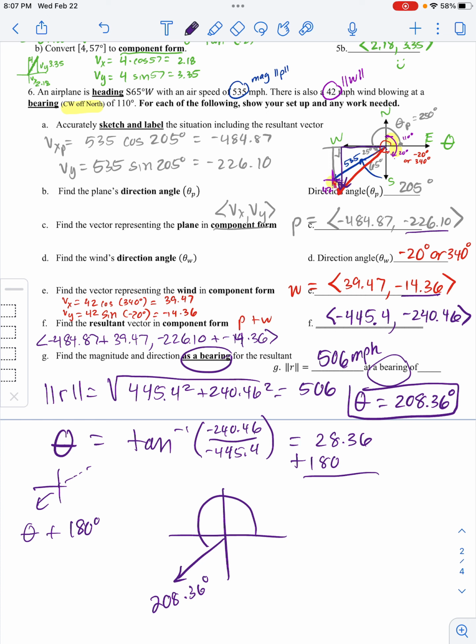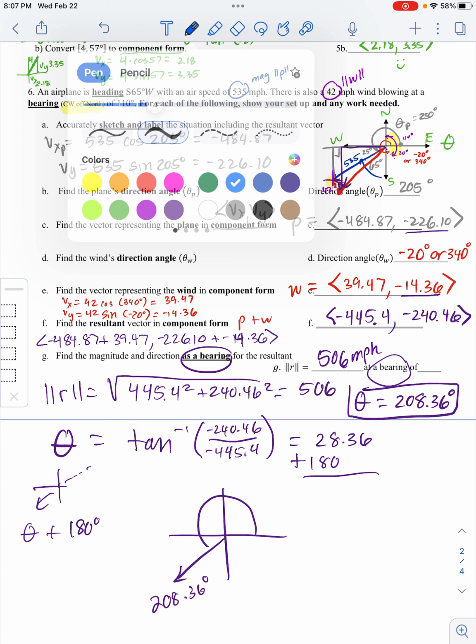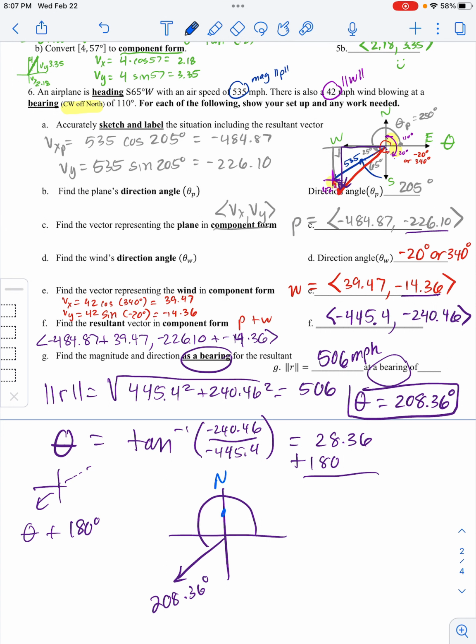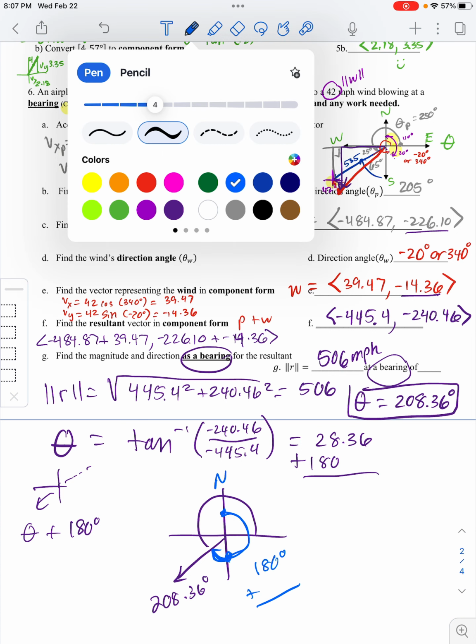What I need is to figure what that would be as a bearing. So starting here at north and traveling clockwise. Okay, so that's kind of tricky. What I know is that from here to here is 180 degrees. So I need to be able to add this little mystery bit over here. So let's figure it out from the other end.